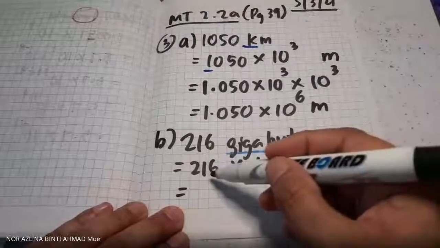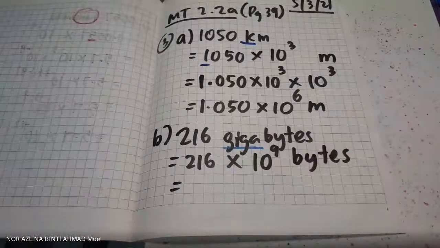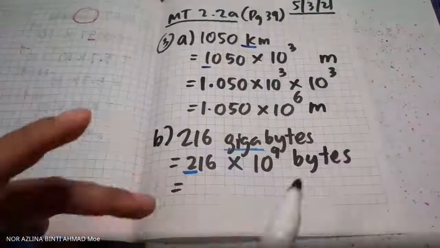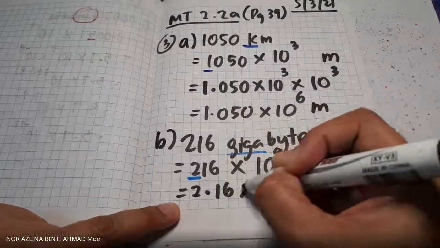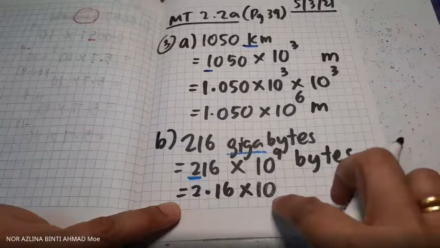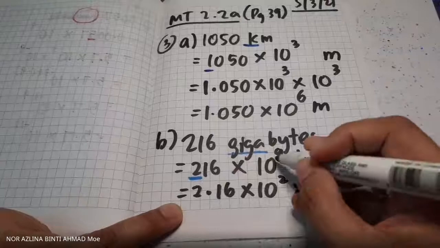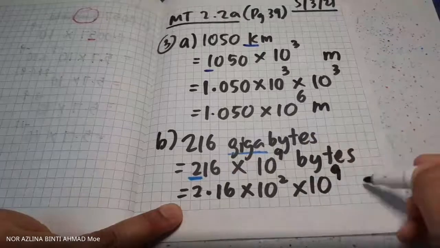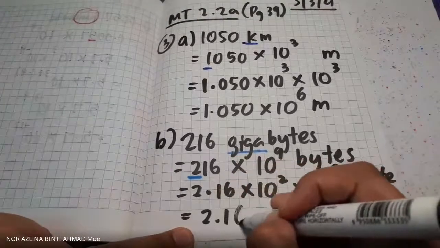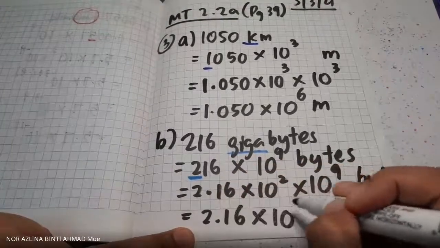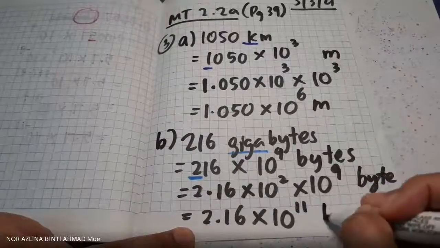So change to standard form. Standard form. Ambil nombor yang di depan saja. So 2.16 multiply 10 to the power of, this is 100, so 10 to the power of 2. Multiply 10 to the power of 9. So final answer 2.16 times 10 to the power of 2 plus 9, because multiplication, power of 11.